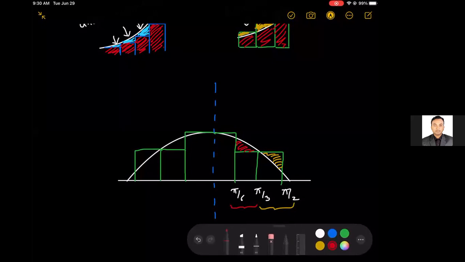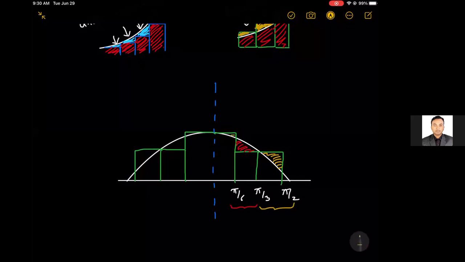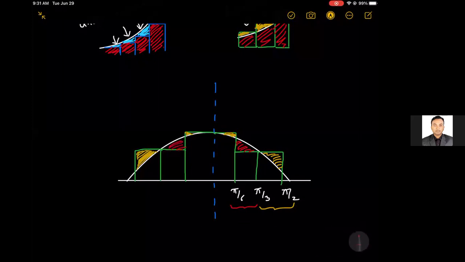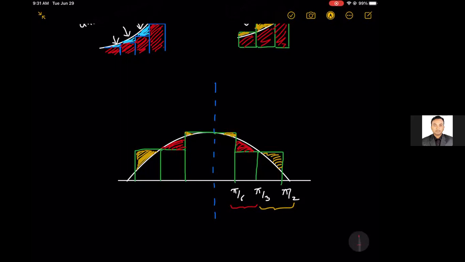And again, we'll have overestimate here. So I'm using this yellowish color for overestimation and this red color for underestimation. Do you agree with this? Does it actually make sense?